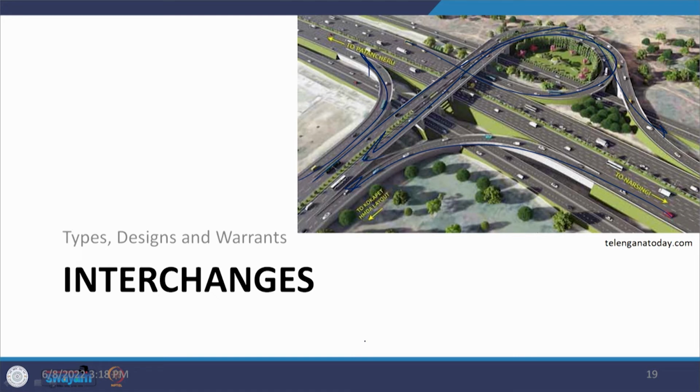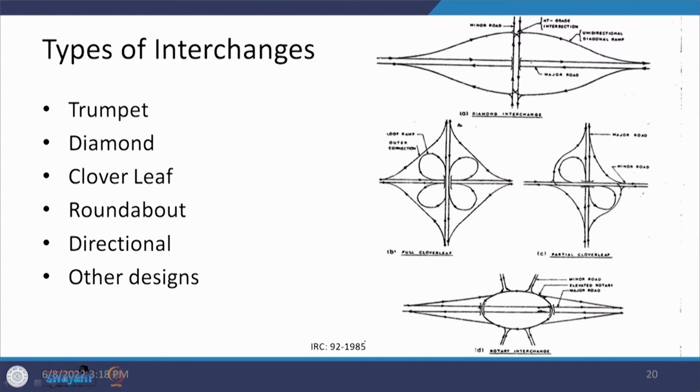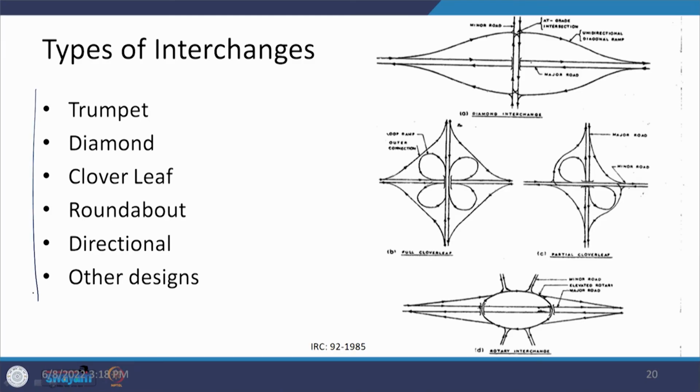So, there are different types of structures which have been provided, and when we look at these structures, they can be defined in different forms. When we go into those types of ramps, let us first of all have a division of what types of interchanges are possible. We have looked at a few of these when we talked about the classification of intersections.